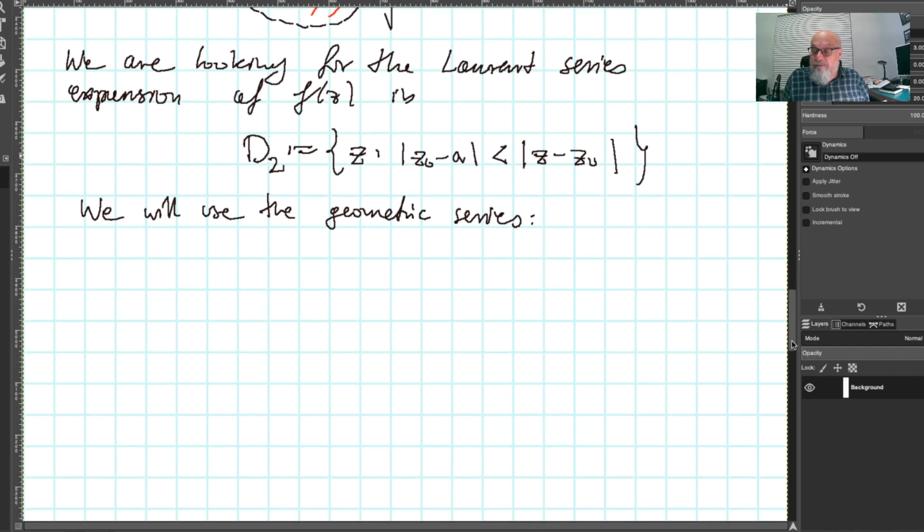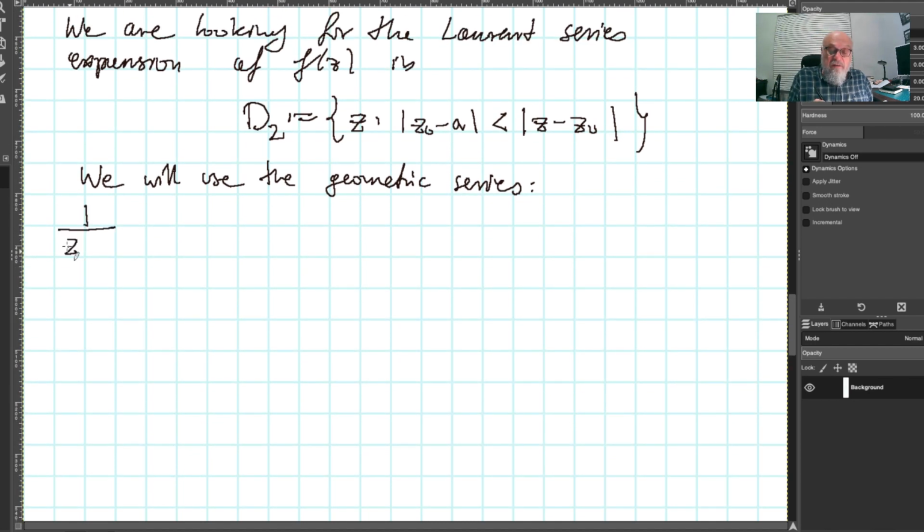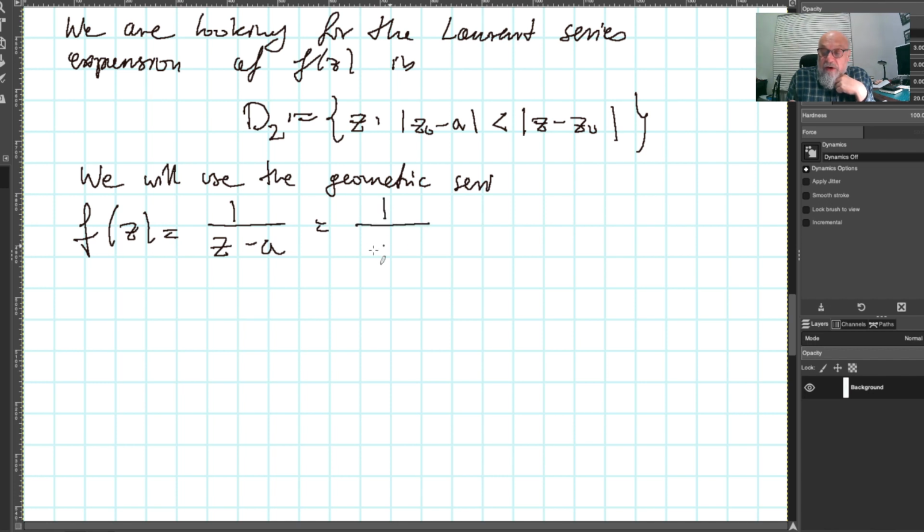So how do we do it? Just watch this. Our function is f of z equals 1 over z minus a, and now I write it like this: z minus z0 minus, and that one means a minus z0.